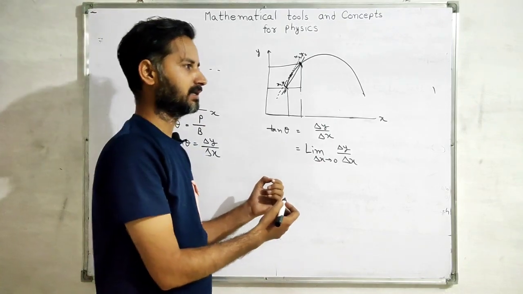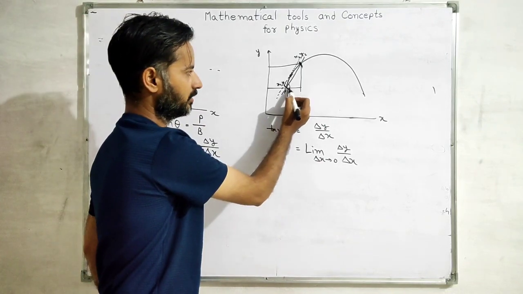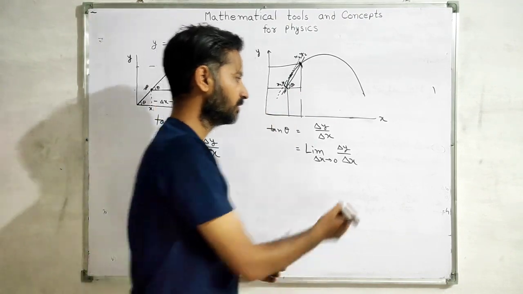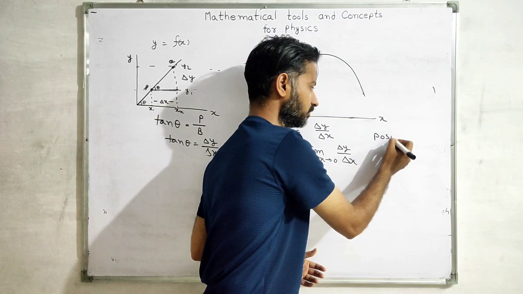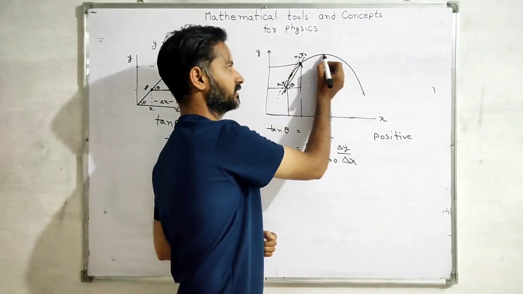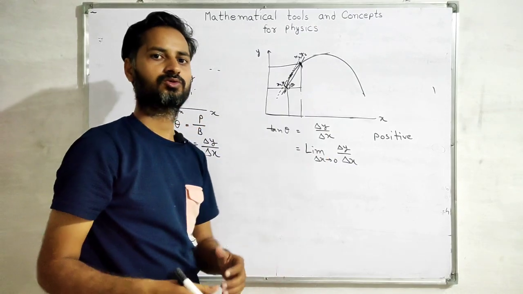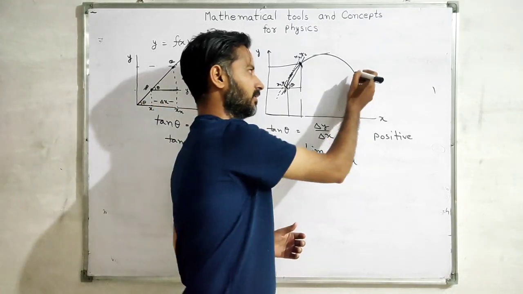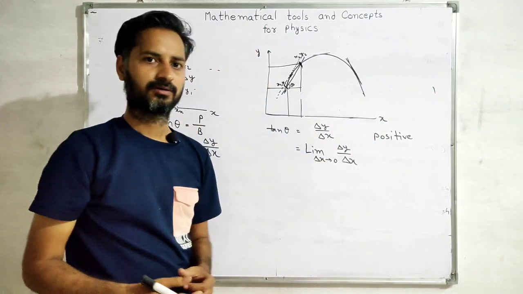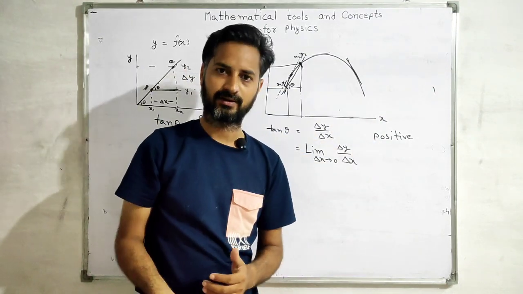As we can see, here theta is less than 90 degrees, so the slope will be positive. Here theta is 0, so the slope is 0, and at this point theta is more than 90 degrees.